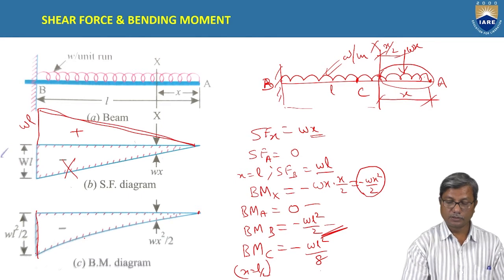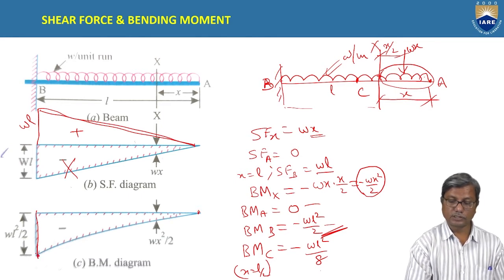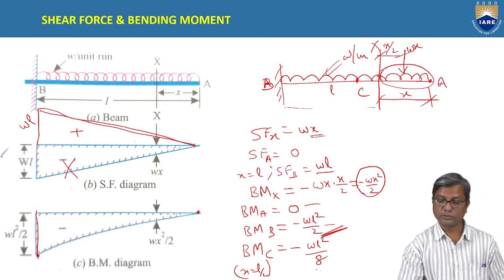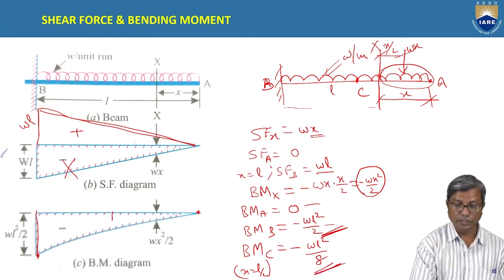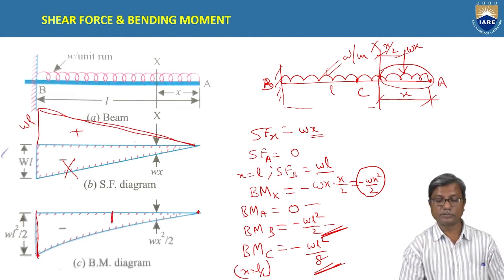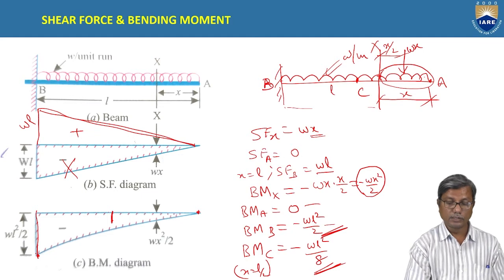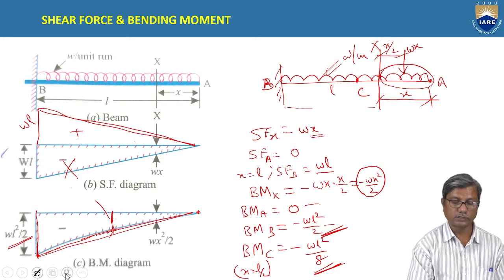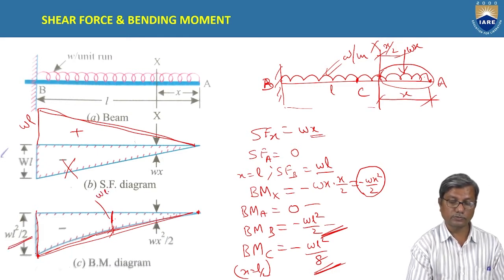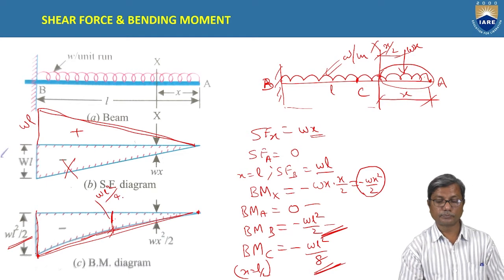So these points are not sufficient, as I told you. Hence we have calculated the bending moment at the midpoint, which is WL square by 8. If it were a straight line, a triangle, the ordinate at the middle would be half of WL square by 2, which is WL square by 4.